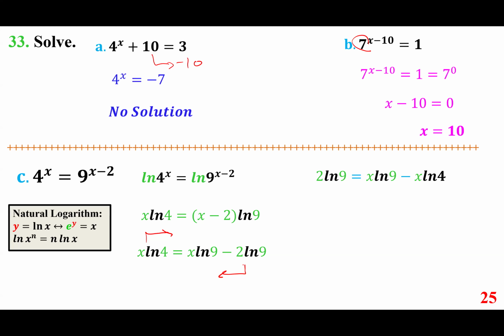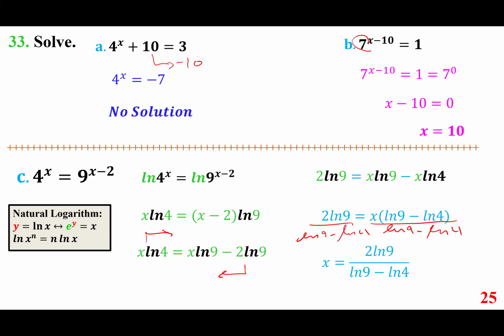So what happens? x times ln9 minus ln4. Again, please bear in mind, ln9, ln4, those are numbers. So all you have to do is divide by the parentheses ln9 minus ln4. Now, this is an exact answer.